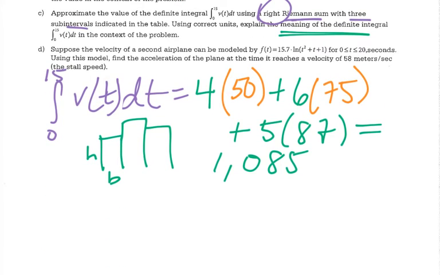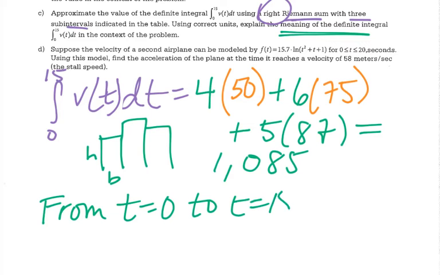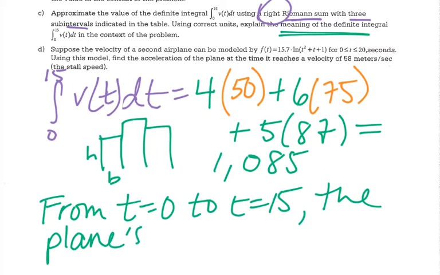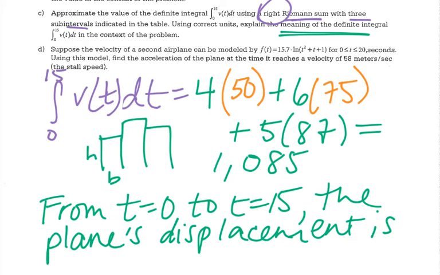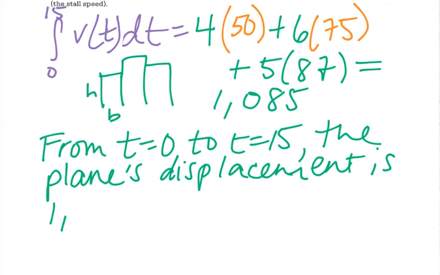So we can say from t equals 0 to t equals 15, or in the first 15 seconds, the plane's displacement, or net change in position, is approximately 1,085 meters off the ground.